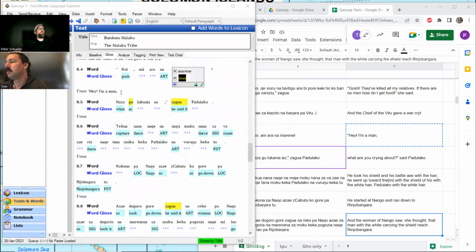In the future, we're going to look for things because marene may have a specific connotation. For example, in Roviana, there's a difference between a married man and essentially an unmarried man. If you wanted to translate those to English, it would be boy and man or something like that.